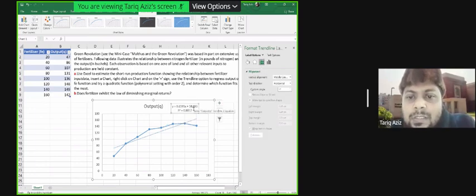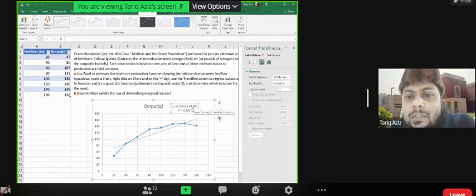So this equation is the equation of this line. The dependent variable is Q, and fertilizer is the regressor, and the R square is coming to be 80%.